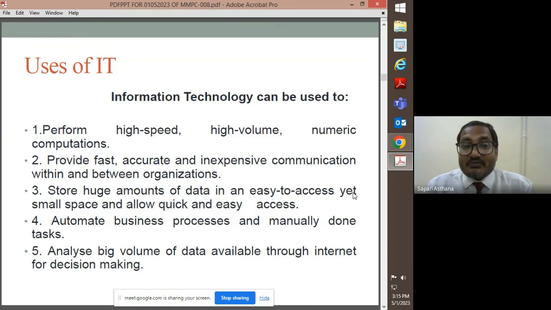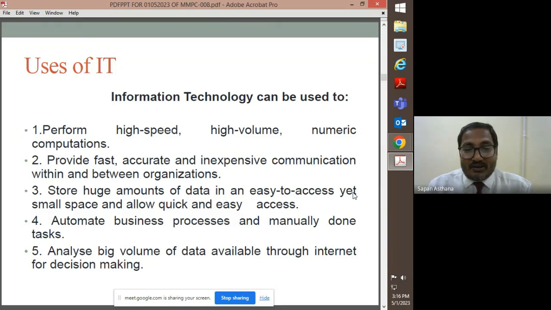It develops information technology systems, monitors them, and repairs them, etc. Information technology can be used in the organization to perform high-speed, high-volume numeric computation, etc. And point number 2, it provides fast, accurate, and inexpensive communication within and between organizations.